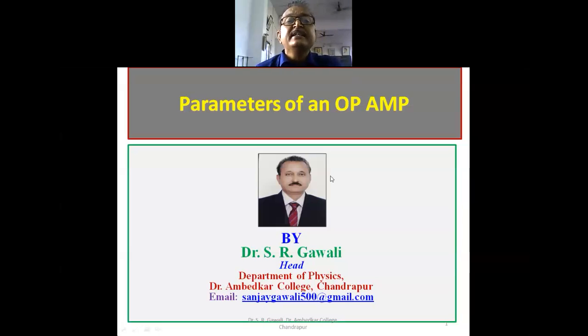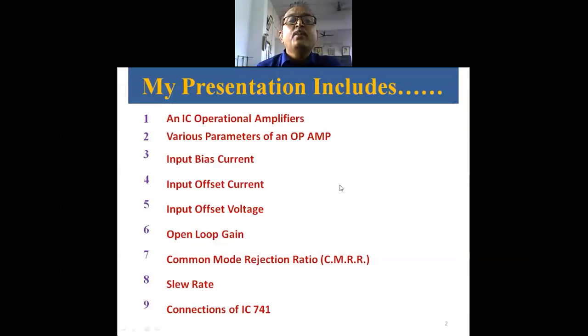Today's presentation includes an IC operational amplifier. Then I will discuss the various parameters of the operational amplifier at a glance. These different parameters are the input bias current, input offset current, input offset voltage, open loop gain, common mode rejection ratio, slew rate, and lastly I will discuss the connection of IC 741, which is the integrated circuit of the operational amplifier.